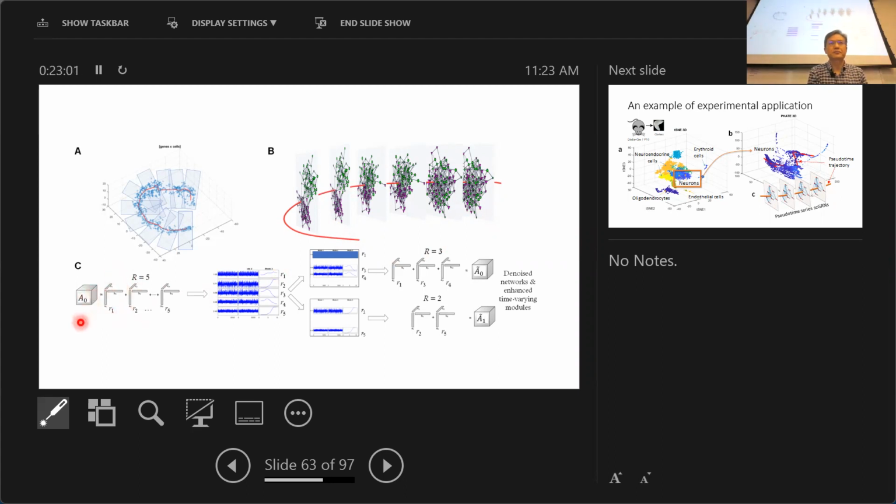Then there is a tensor-based decomposition method. This is just like SVD, but it's tensor-based. So you create three components. The multiplication of the three vectors creates a cube. A cubic matrix is a tensor.